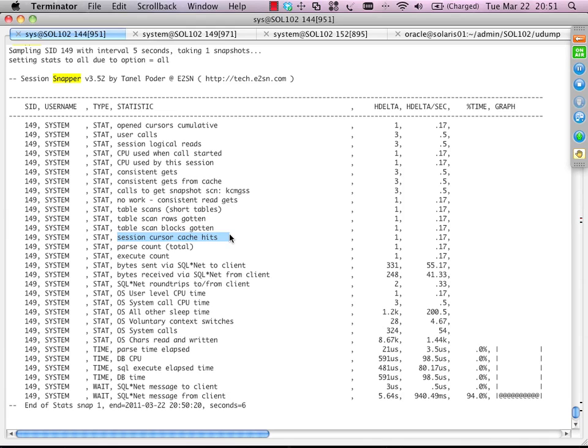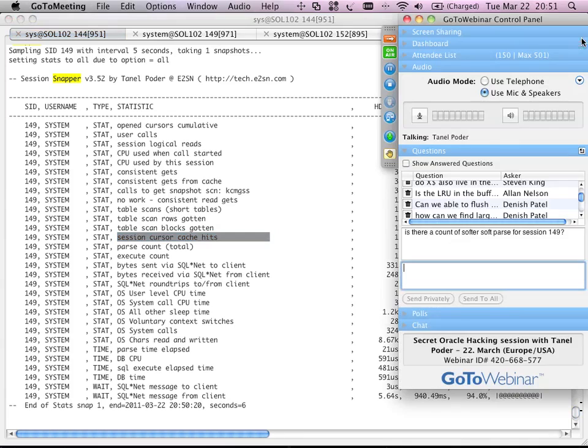But the other 5 were session cursor cache hits. So basically you found the existing cursor, it's already open from your cursor cache in UGA, and you could follow the pointers directly to the physical location of the cursor in the shared pool.